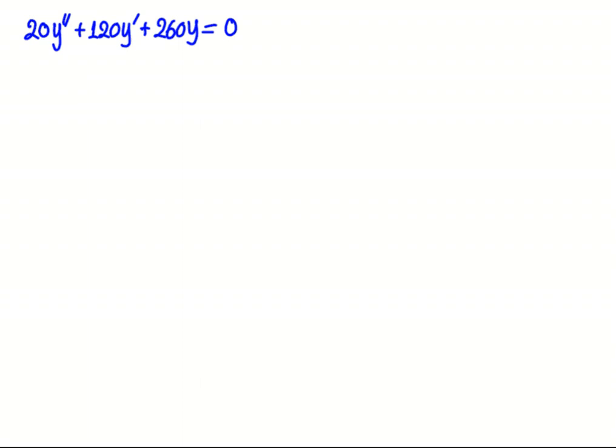So no external forces. And we have initial position at 0.2, and the derivative, which is the initial velocity, is negative 0.4 meters per second. So we have this initial value problem, and we will solve for that.